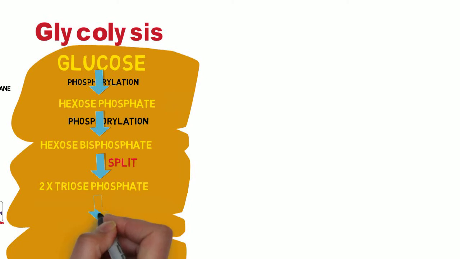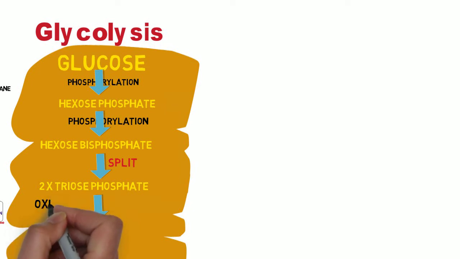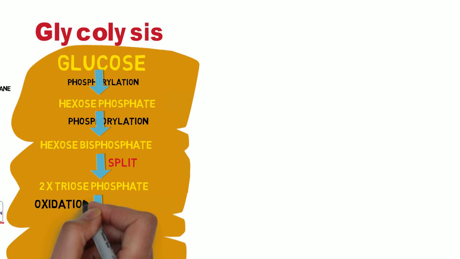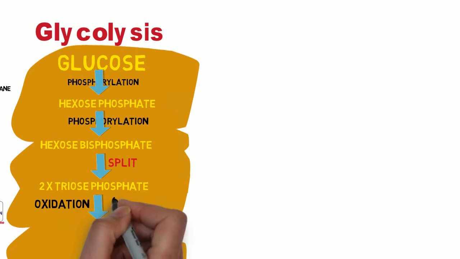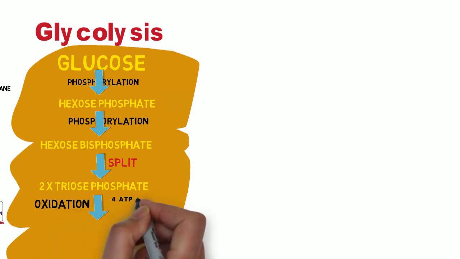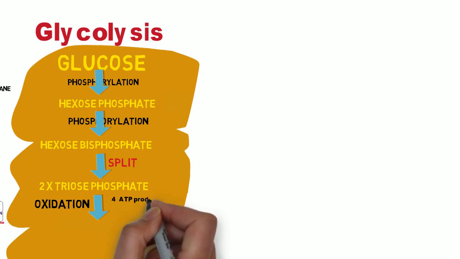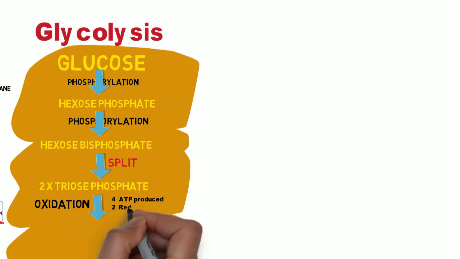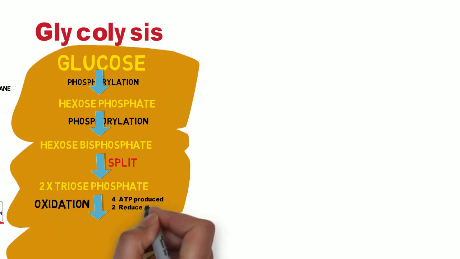This triose phosphate will then be oxidized in that it releases hydrogen, and the hydrogen is used to produce reduced NAD. In addition, four ATP molecules are produced at this stage.